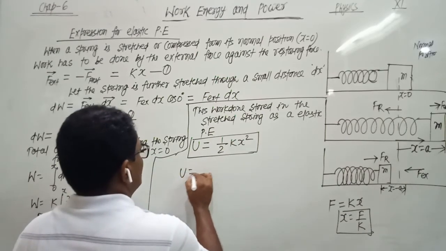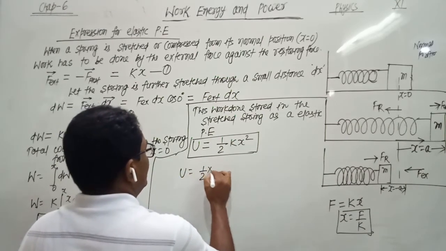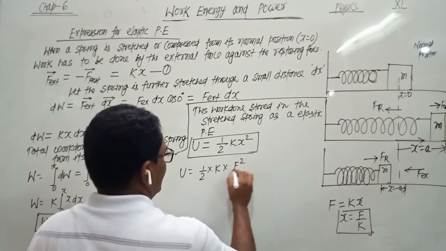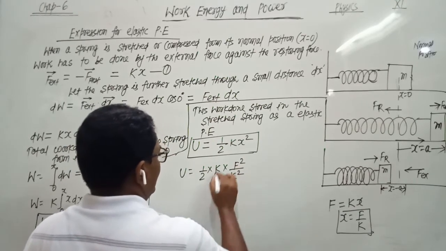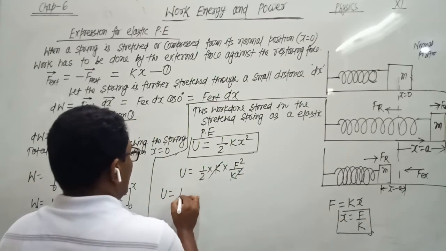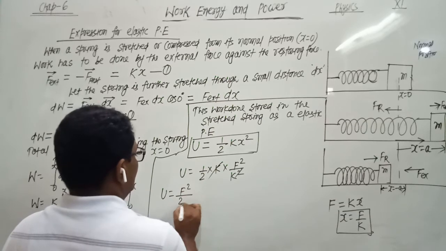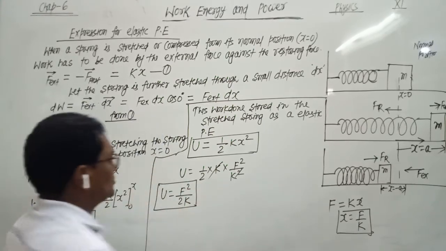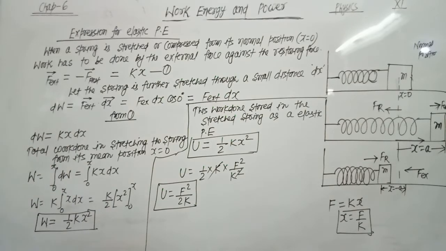So U equals 1 by 2 into k, and the value of x is F by k, so F square by k square. One k cancelled, and U equals F square by 2k. This is another expression for elastic potential energy. U equals F square upon 2k.